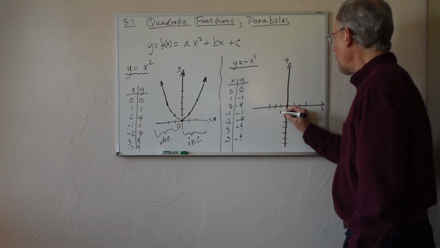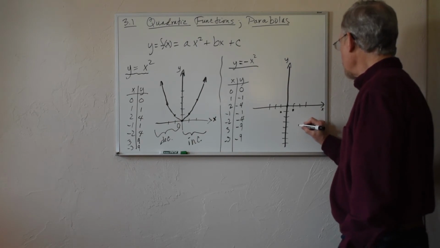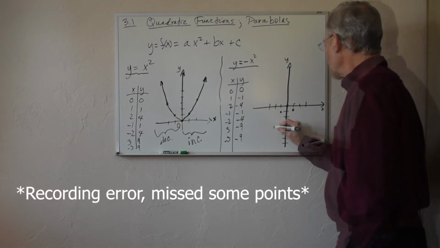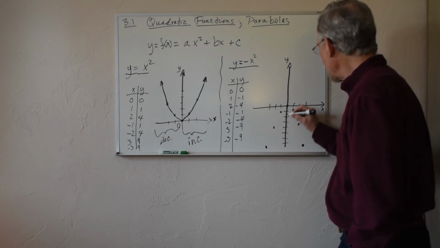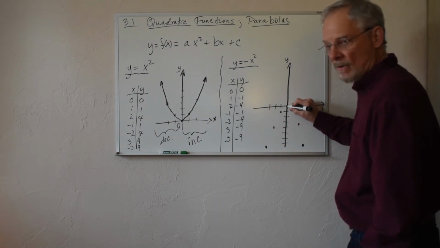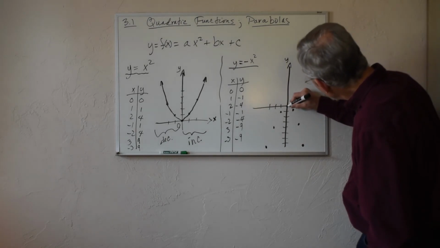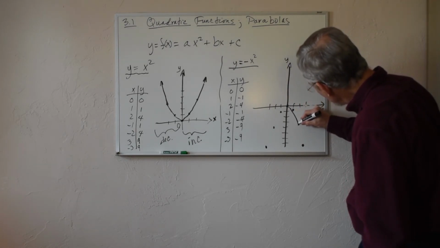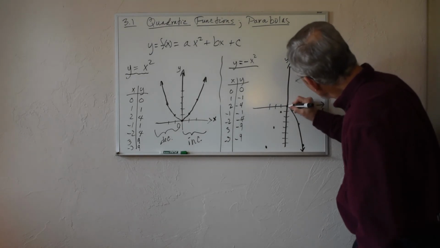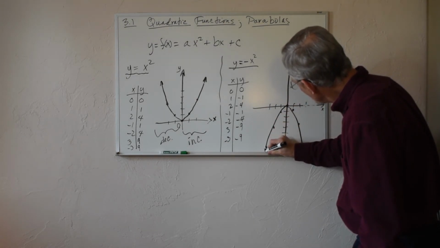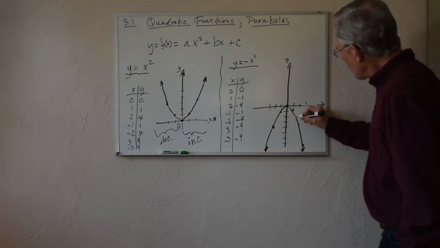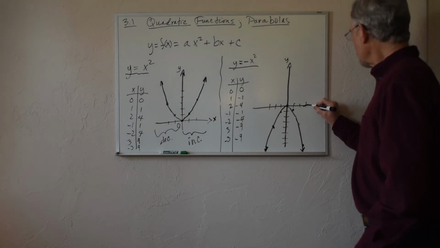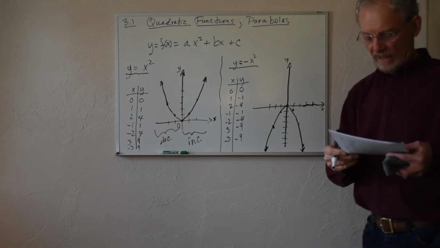Here's negative 1, negative 1. Here's 2, negative 4. Negative 9 will be down there. Negative 3, negative 9 will be down there. And you see that same parabolic shape again. Let's connect the dots. Okay. A little messy, but you get the idea.